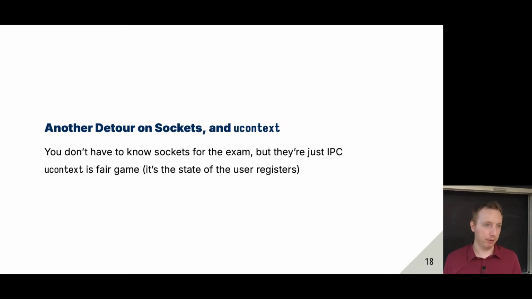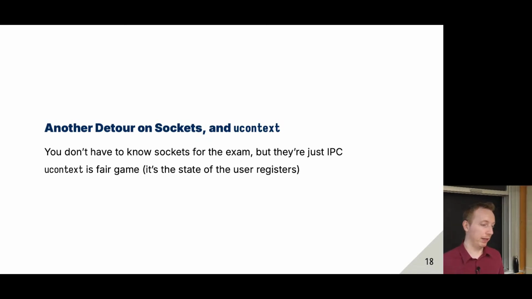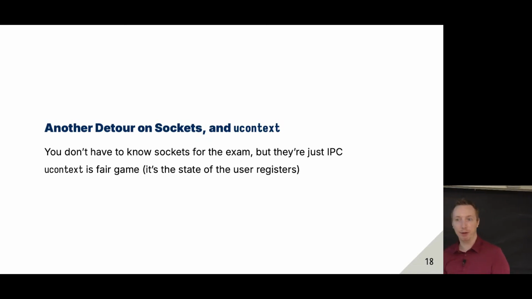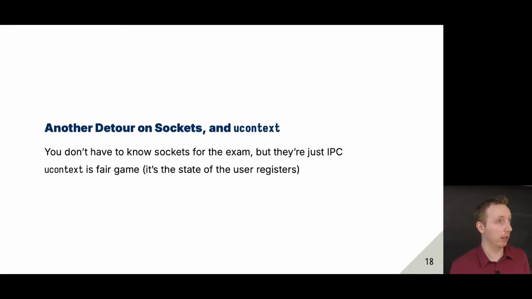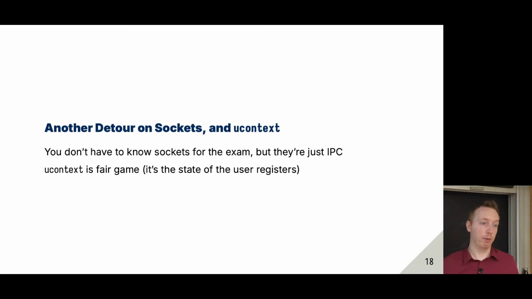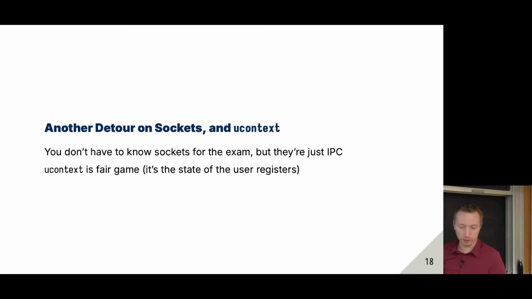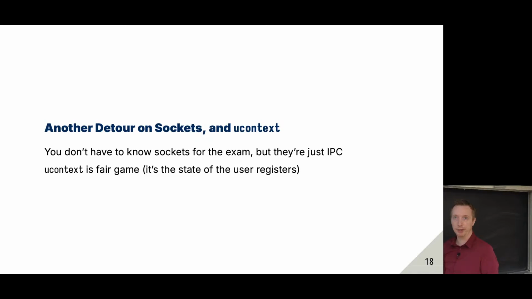They don't act any different, they're just IPC, but it might be processes on different machines. uContext would be fair game for the exam. It's basically the state of the user registers. I probably wouldn't ask anything too complicated, but it's fair game because you used it on lab 4 to implement your threads. Again, uContext was basically just all of your CPU user registers, like your stack pointer, your program counter, any other values in the registers.